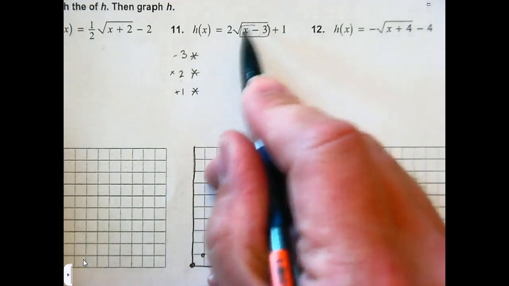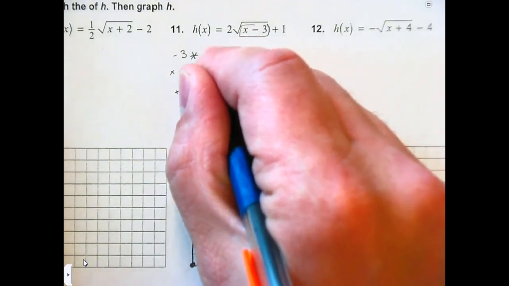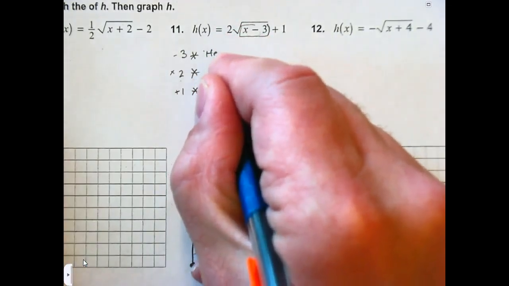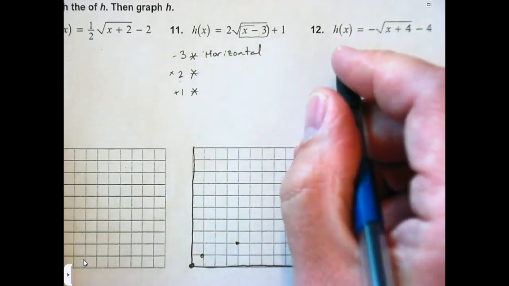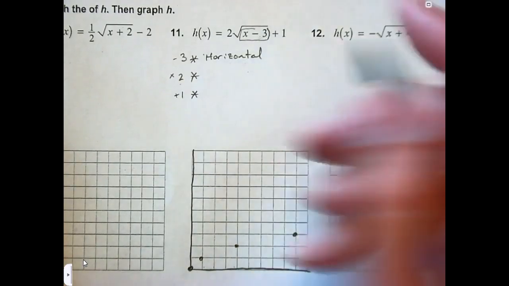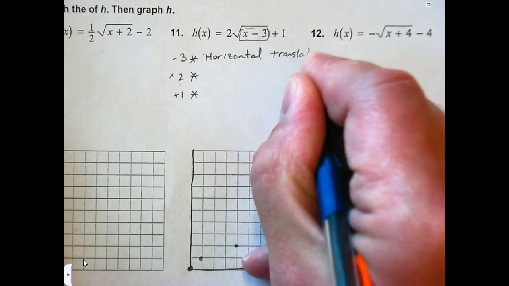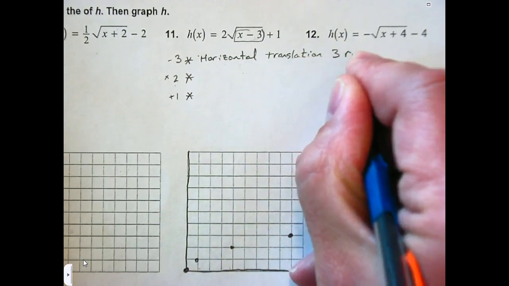So what does the minus 3 do to our points? Is it horizontal or vertical? Horizontal. Is it a stretch, shrink, or translation? Or reflection, I guess. Translation. 3 right.